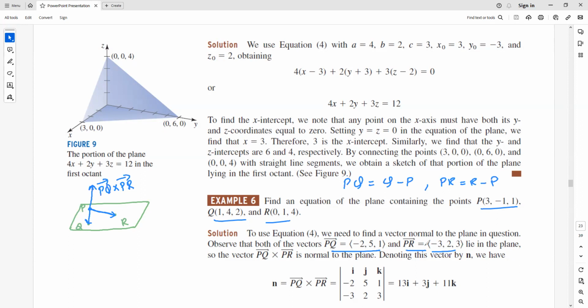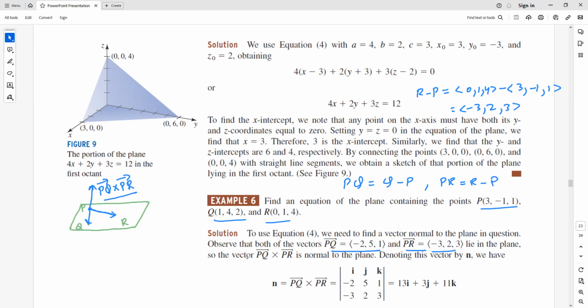And PR is R minus P. So the components of R are 0, 1, 4, minus the components of P, which are 3, -1, 1. So 0 minus 3 is -3, 1 minus -1 is 2, and 4 minus 1 is 3. So these are the components of PR, right? -3, 2, 3.